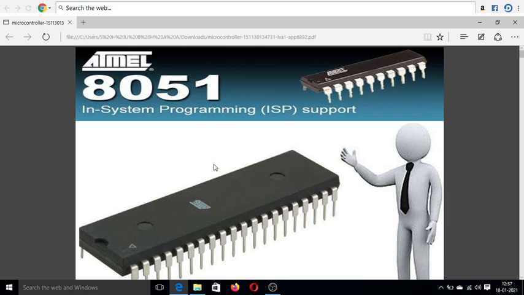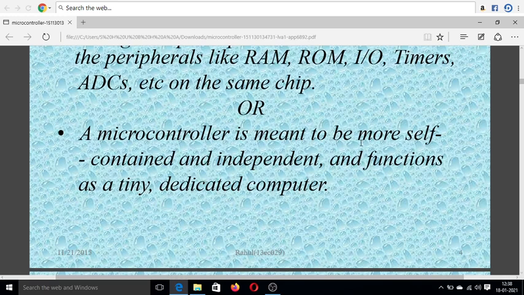All these are on one chip, so it is named a microcontroller, or in other words a microcomputer. A microcontroller is meant to be self-contained and independent, and functions as a tiny dedicated computer. That means we get a complete computer on an integrated circuit, so we can call it a computer on a chip or a system on a chip.